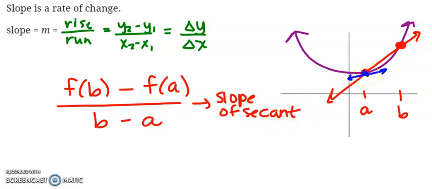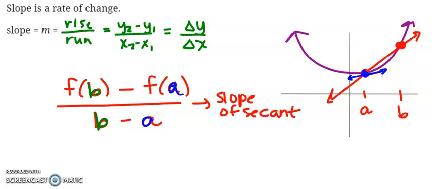This is where I actually want the slope. The slope of the secant is an okay approximation. Okay, so in goes B, out comes f of B, in goes A, out comes f of A. A was really the point where I wanted that slope.